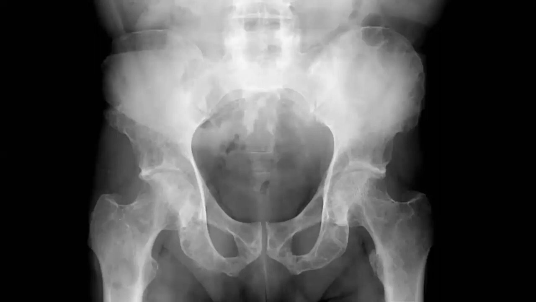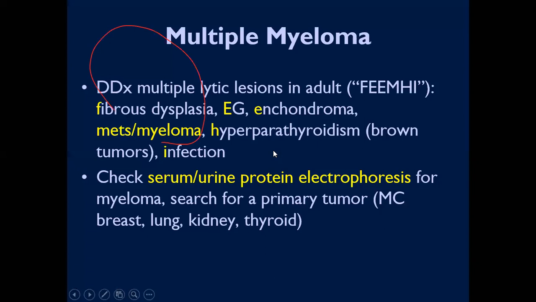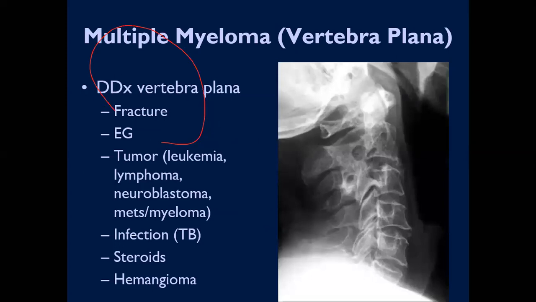But one of the tricky cases is that they will show you this case, and you shouldn't rush and say just multiple myeloma. You need to go further and say maybe metastatic and ask for the primary, right? So differential diagnosis is important, and clinical correlation is important.